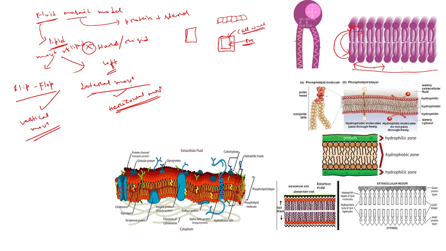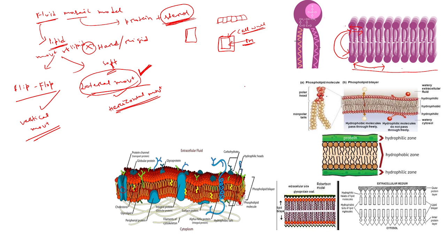So that's why the lateral movement of the lipid is responsible for the fluidity of the plasma membrane, along with the cholesterol. Previously we have already studied about the sterol. That means the sterol maintains the fluidity of the plasma membrane.